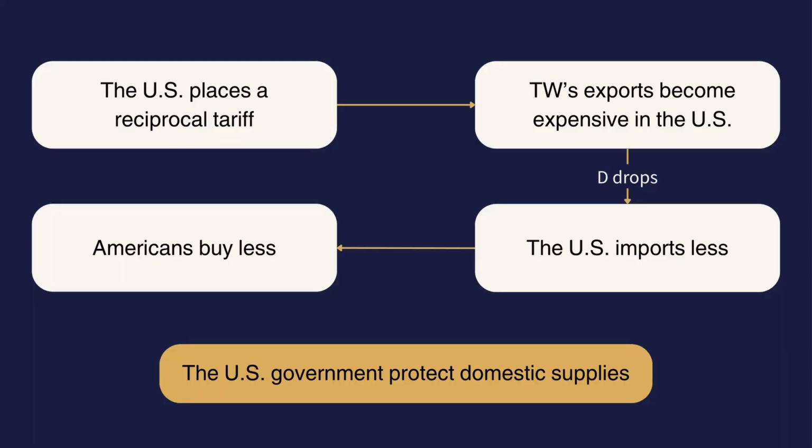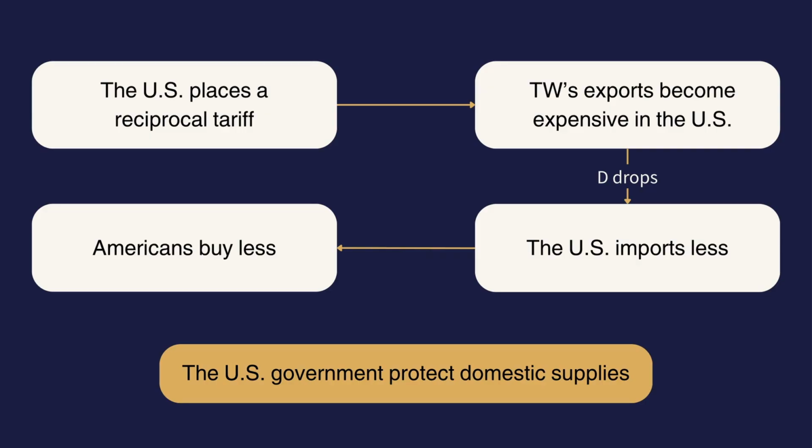Okay, let's recall the diagram I showed before. When the U.S. imposes a reciprocal tariff on Taiwanese goods, the price of Taiwan's products in the U.S. market rises. Because these goods become more expensive, U.S. consumers reduce their quantity demanded, which leads to a decline in U.S. imports.